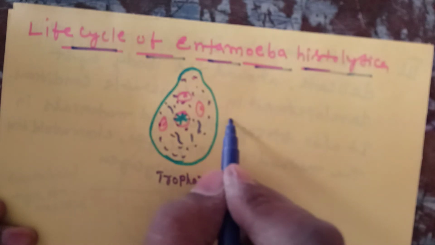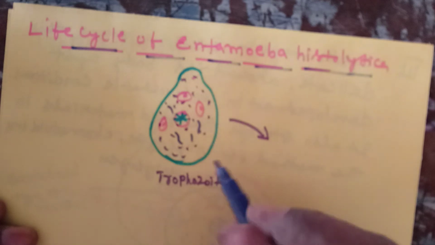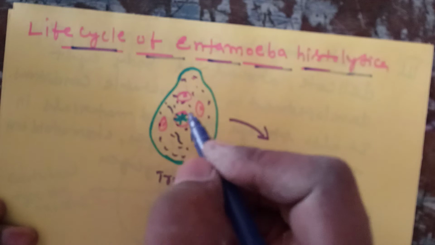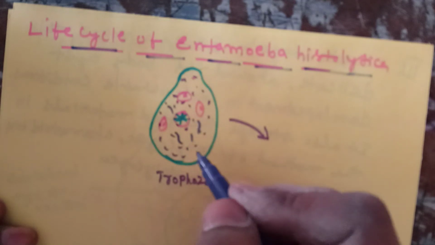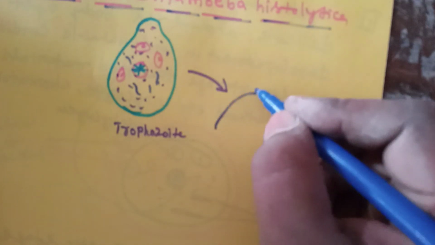This trophozoite form releases the histolysin enzyme, which can dissolve the intestinal layer, and it undergoes asexual reproduction by binary fission.